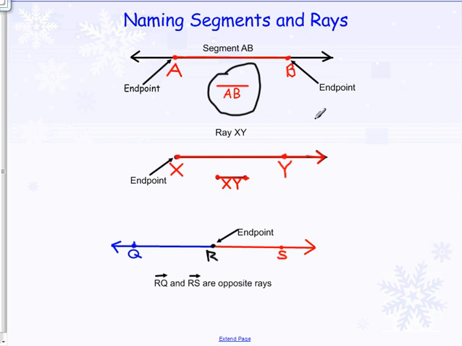Now, the important thing to remember about naming rays is that the endpoint, in this case X, always goes first.